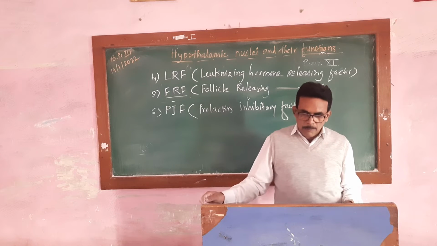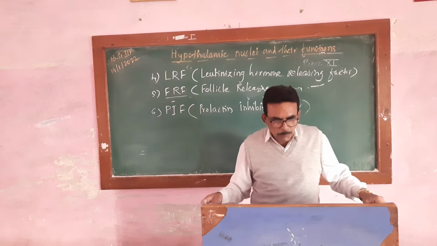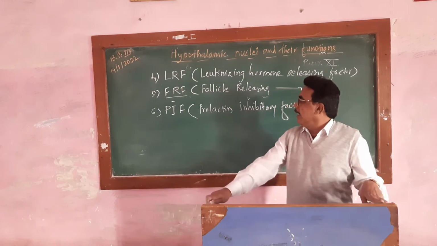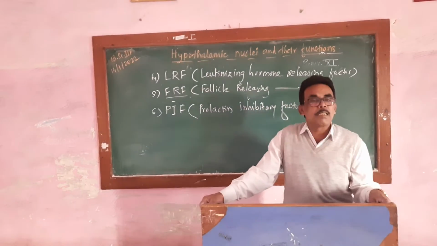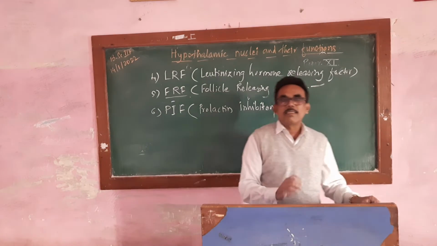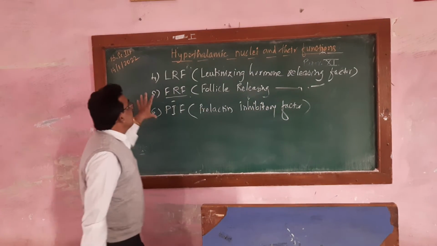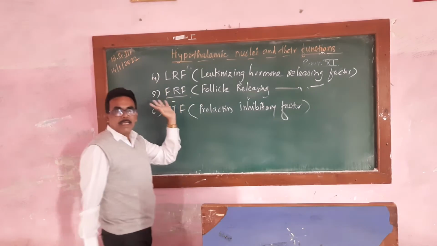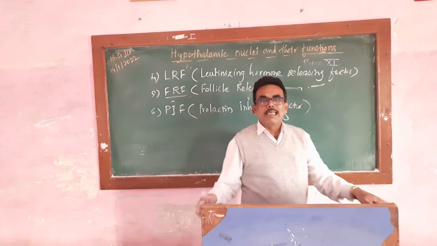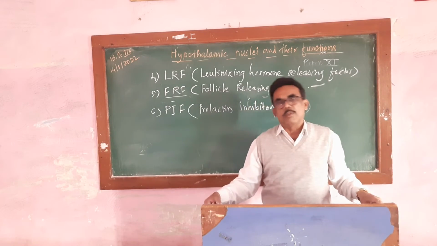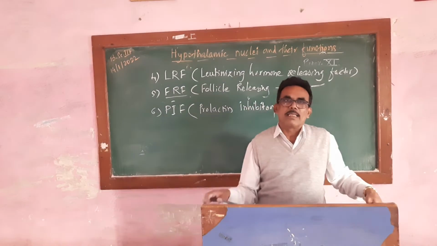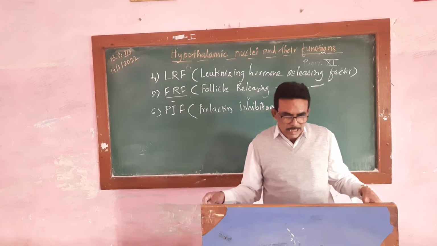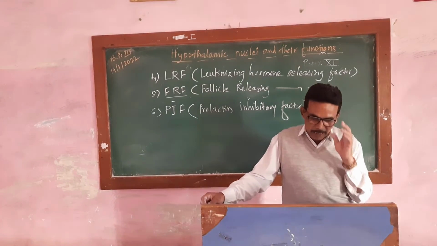So why are these different factors useful? These 5 factors will stimulate the anterior lobe to secrete the respective hormone. These releasing factors give encouragement to the pituitary gland to secrete that type of hormone in large quantity.